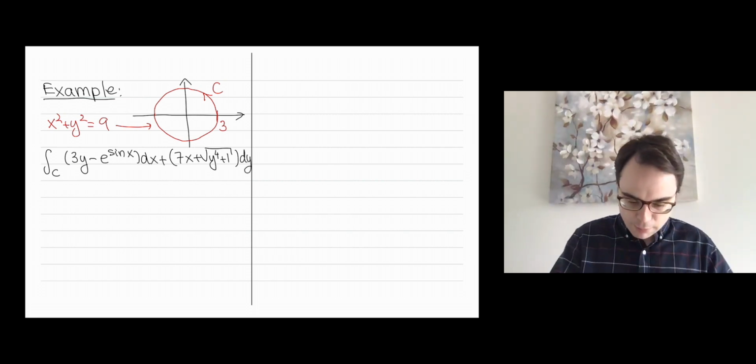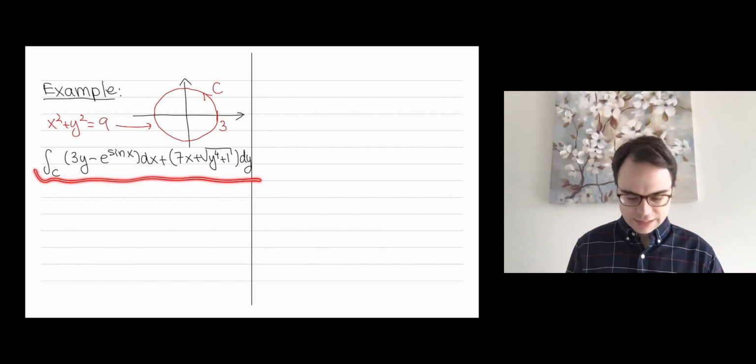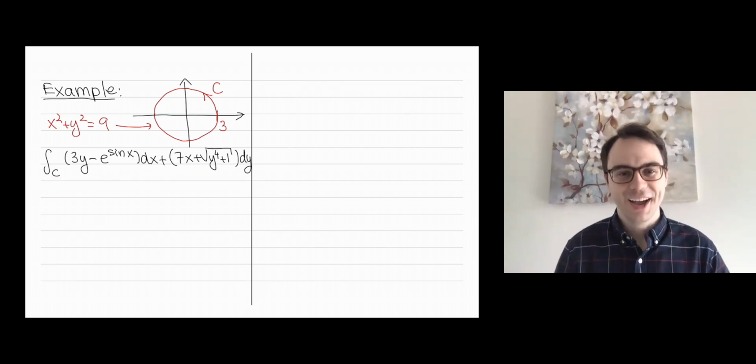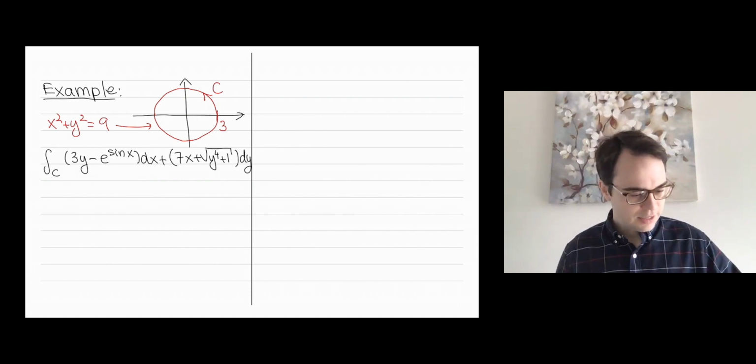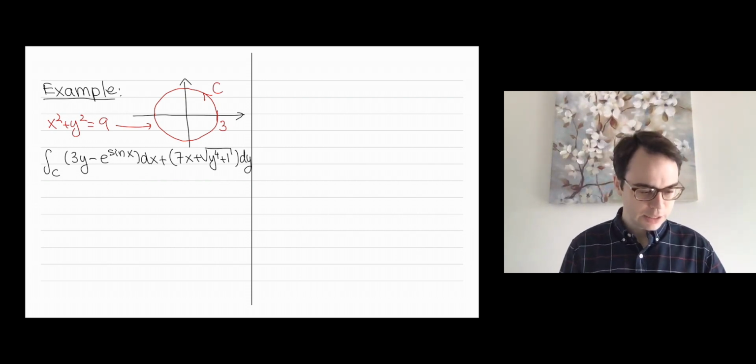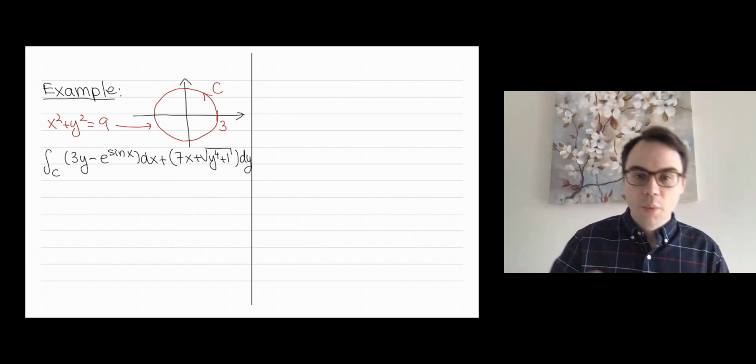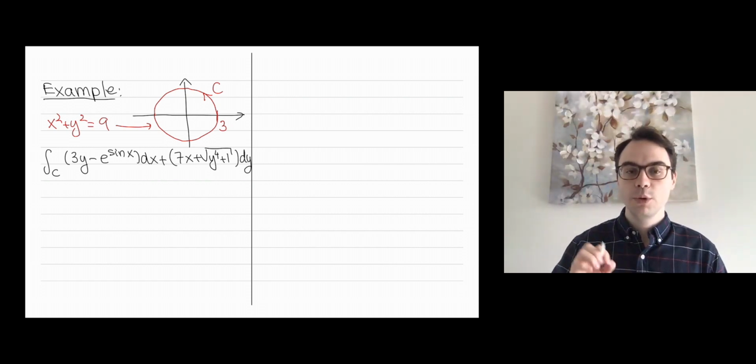So it's a kind of complicated looking integral, not something that many people are very excited about doing, but we're going to do this using Green's theorem.